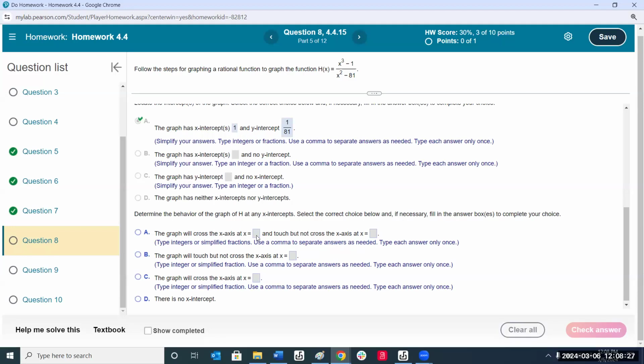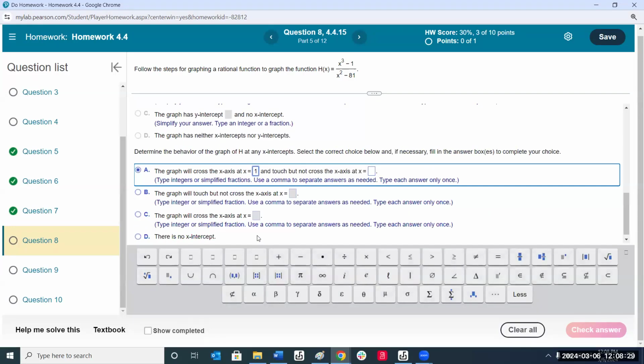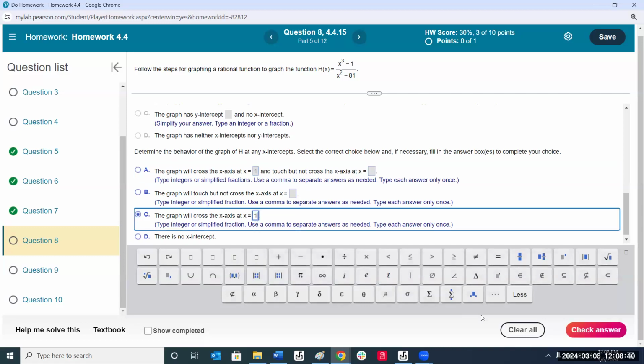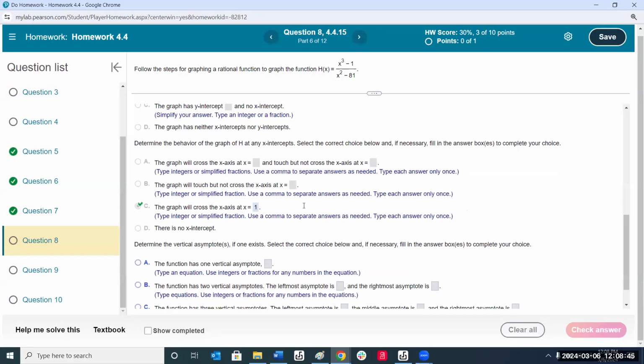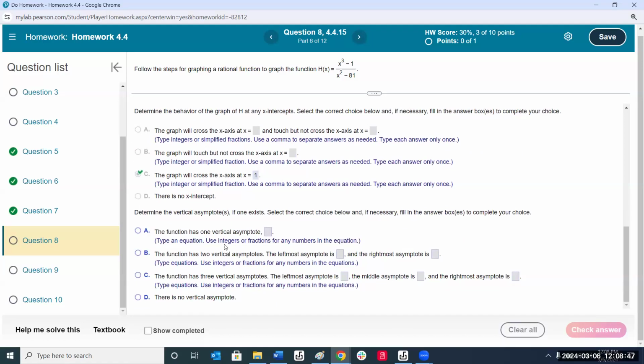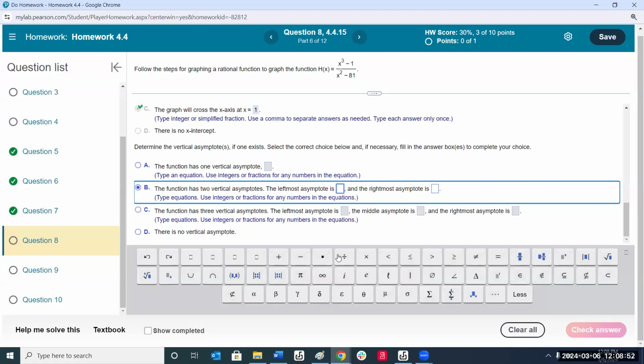Graph will cross the x-axis at 1. Determine the vertical asymptotes. X equals -9. X equals 9.